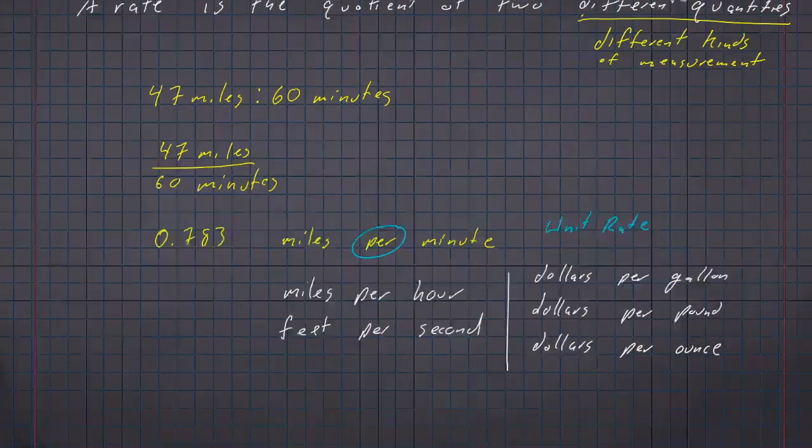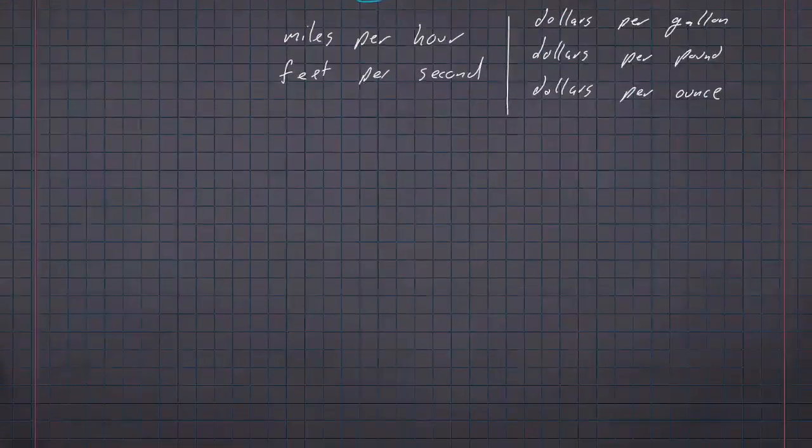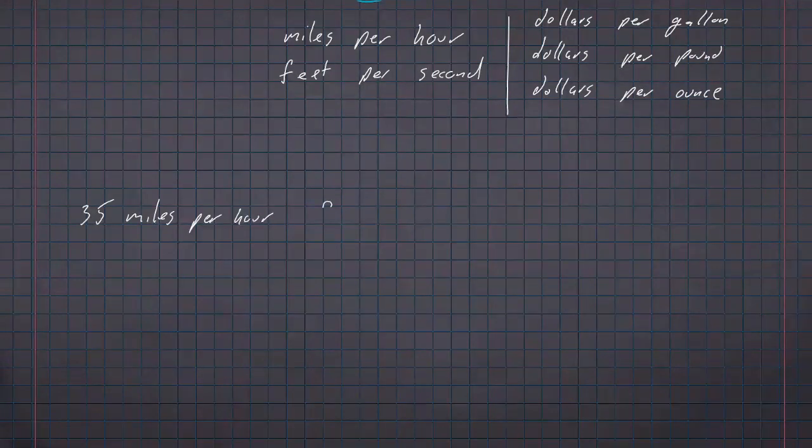Unit rates are really useful, really convenient problem-solving tools. For example, if you travel at 35 miles per hour for 2.5 hours, it turns out that it's really easy to calculate how far you went.